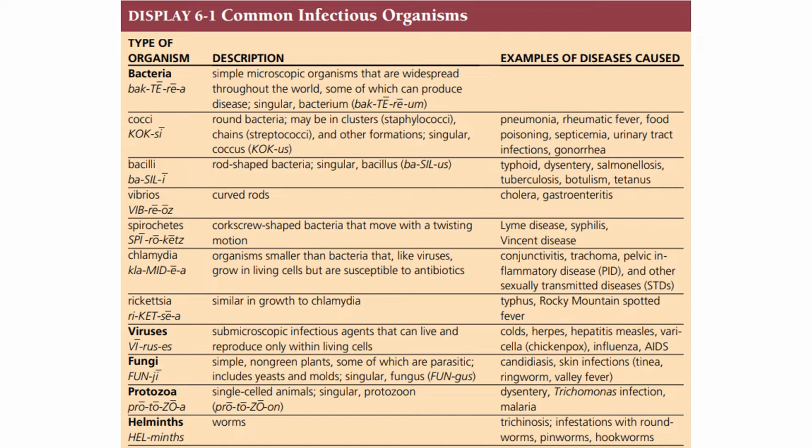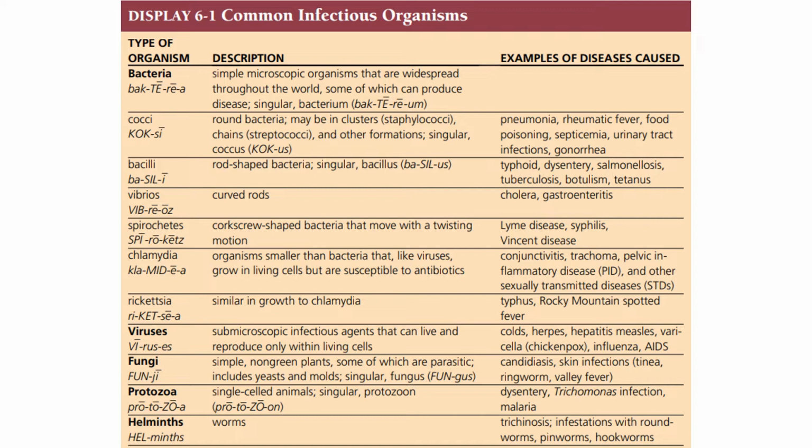We have the word cocci. The singular is coccus. Cocci are round bacteria, and some of these cocci cause pneumonia, rheumatic fever, food poisoning, septicemia, urinary tract infection, and gonorrhea.